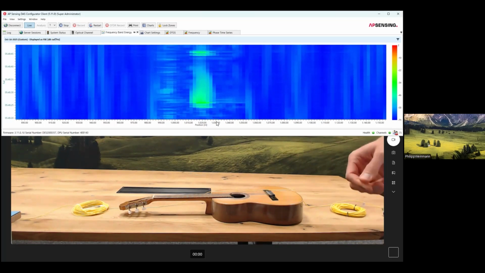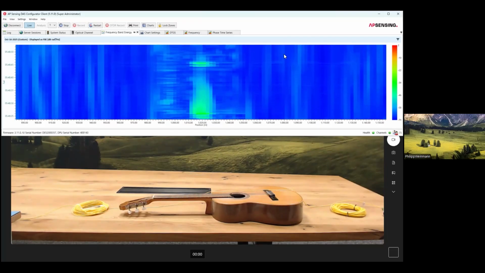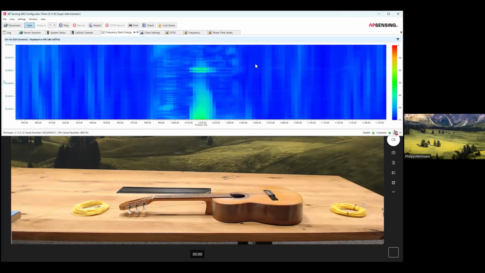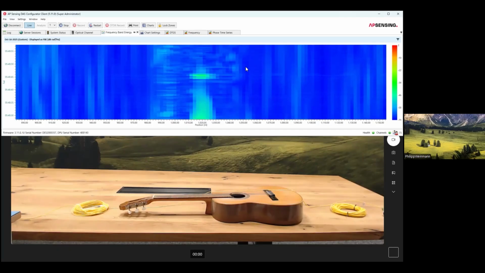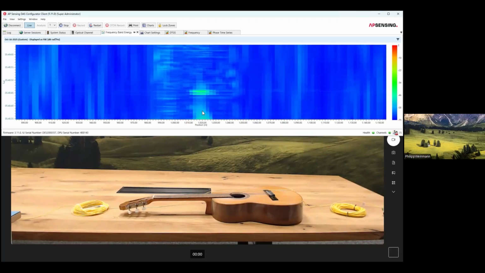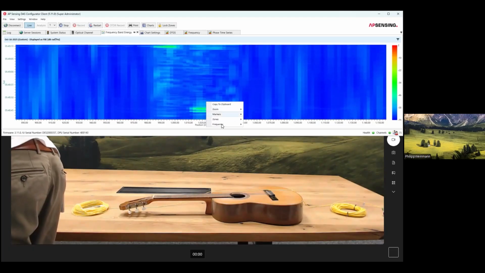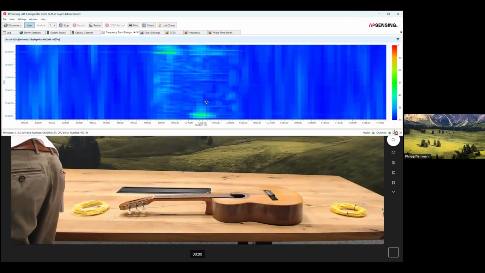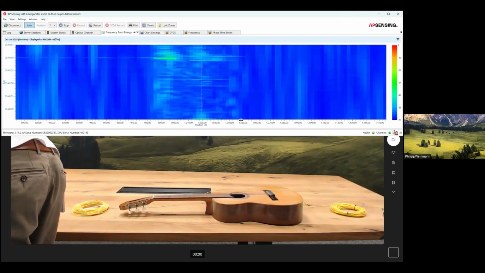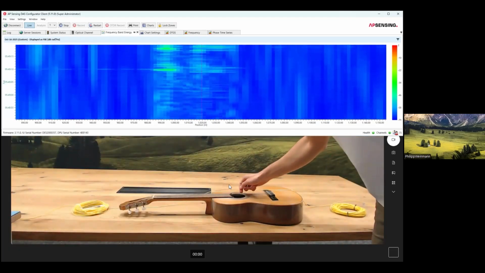Now what I will do next is I'm going to tell the DAS system that I want to have a closer look at the phase data that is coming from this fiber system, so from the guitar. So that's why I will put my cursor right here, where I could see the guitar signal.